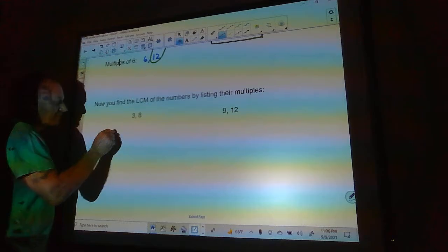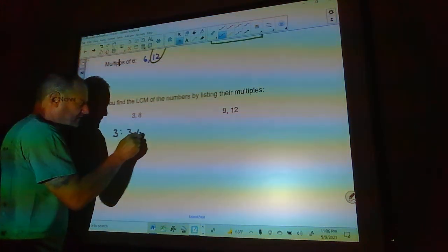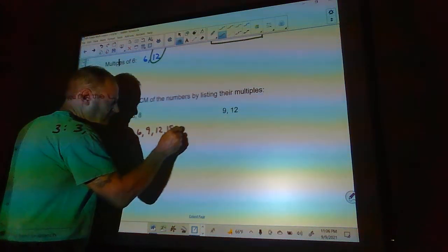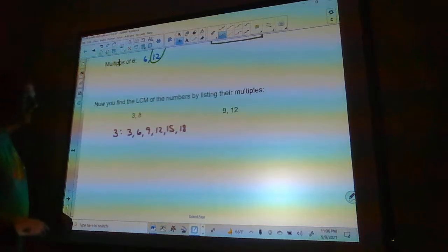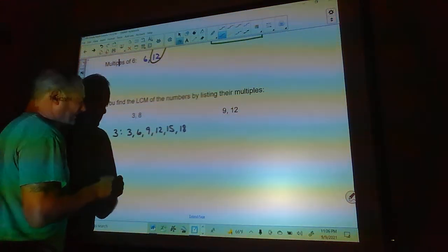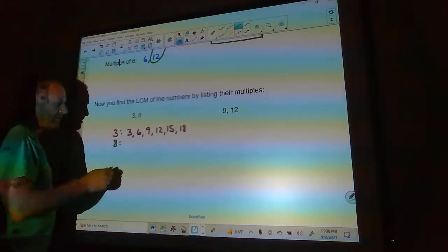Okay, so the multiples of 3 would be 3, 6, 9, 12, 15, 18. Now I could keep going, but I'm just gonna write those out, and I'm gonna do 8 and see how 8 does here. Maybe I'll get lucky and be one of these.